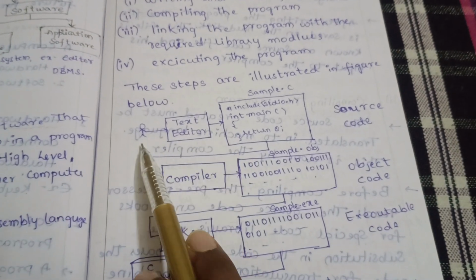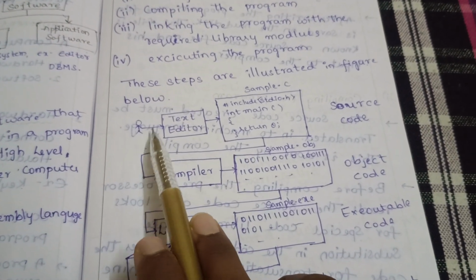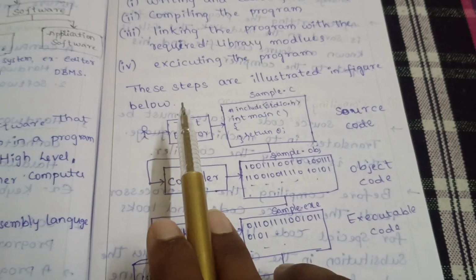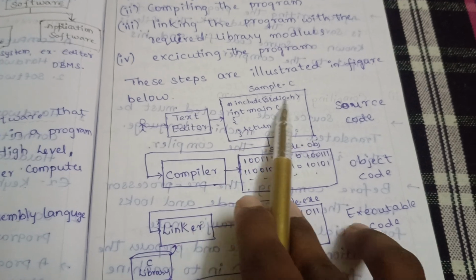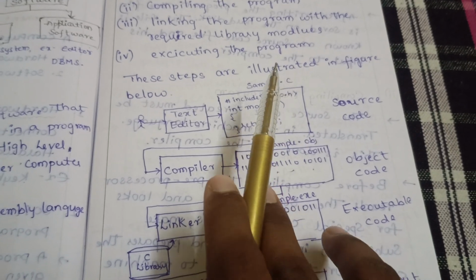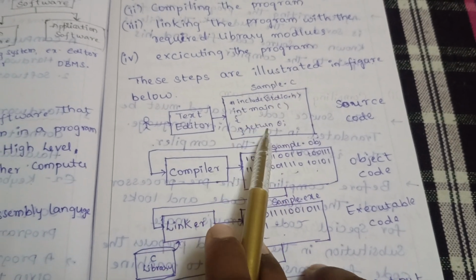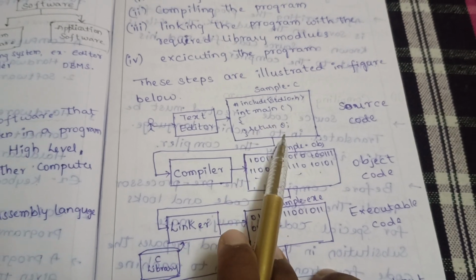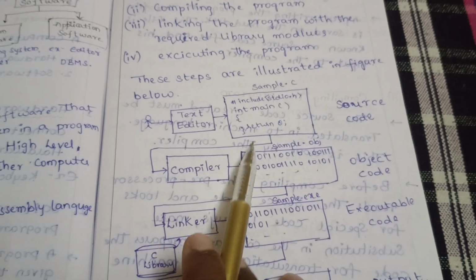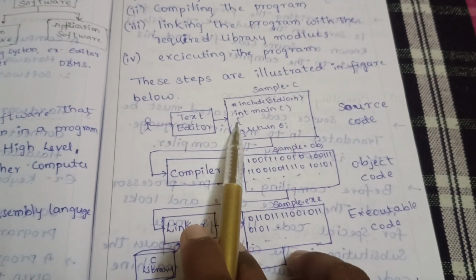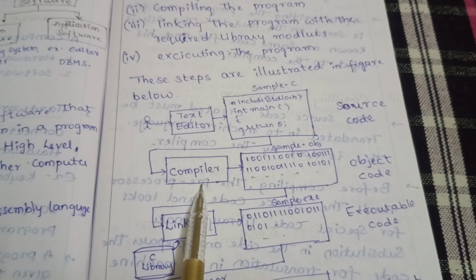First, the programmer uses the text editor and writes a sample C program. It may be adding two numbers, multiplying two numbers, declaring an array, anything. Then the sample code is compiled.